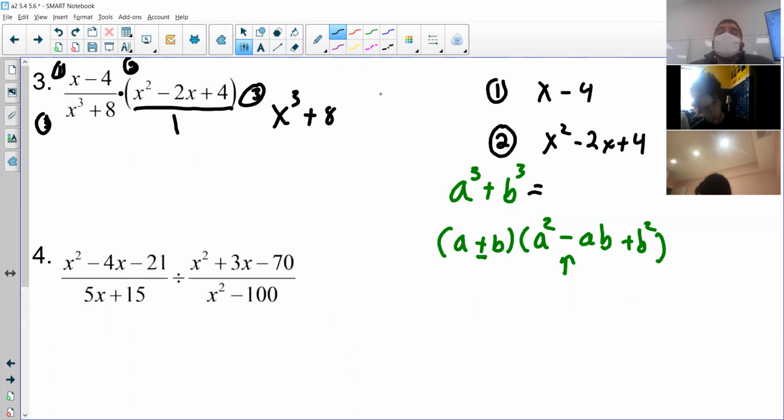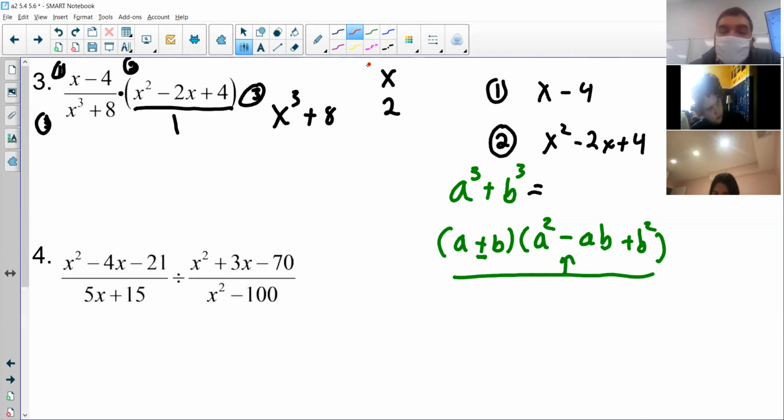All right. So the cube root of x cubed is just x. What is the cube root of 8? 2. So this is x, this is 2. So we're going to plug in all our factors into our equation over here. I'll color code it. So this is x and this is 2.